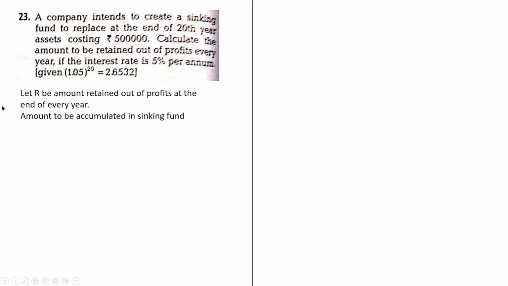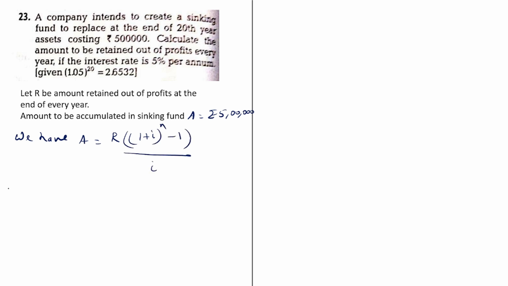So here let R be the amount retained out of profits at the end of every year. The amount to be accumulated in the sinking fund A is rupees 5 lakhs. So here we have A equal to R into (1 plus i) the whole raised to n minus 1 upon i.